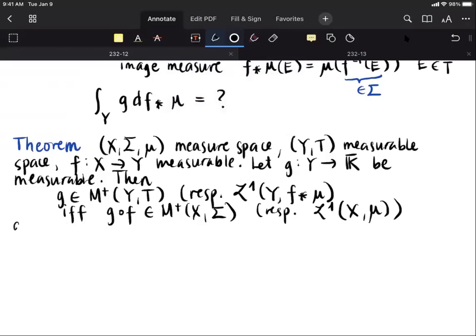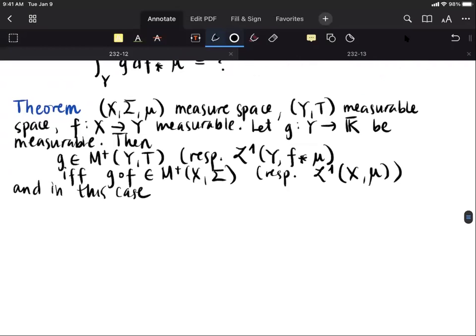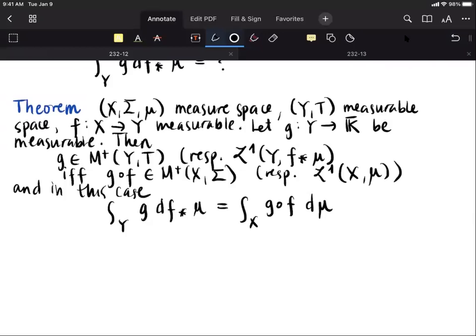And in this case, the integral over Y of g with respect to the image measure is the same as the integral over X of the composition g∘f with respect to the measure mu.